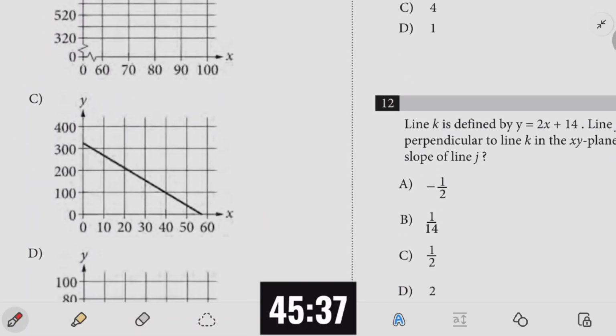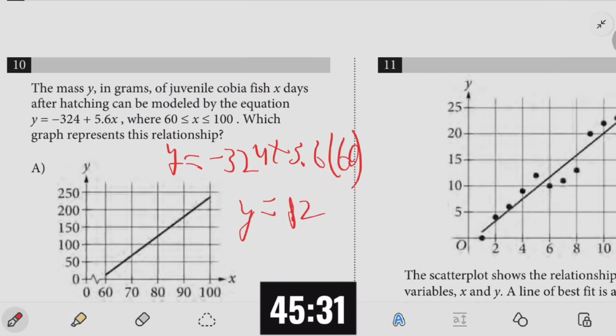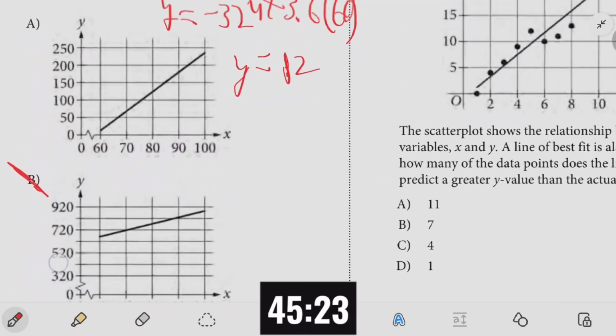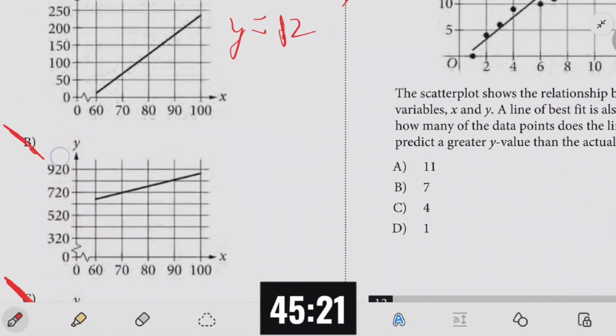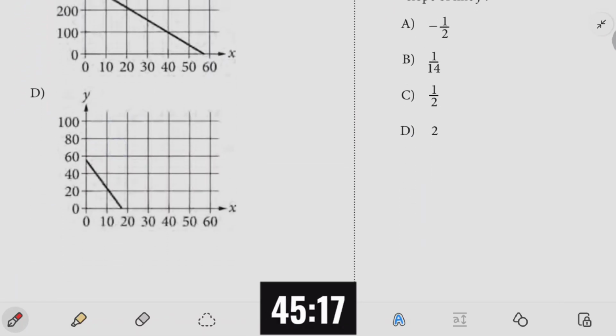Don't be fooled. We actually don't know what it's like. See, it says x is this, so we're only looking at the range of that. Plus, the slope is positive. This makes no sense whatsoever. This also makes no sense.